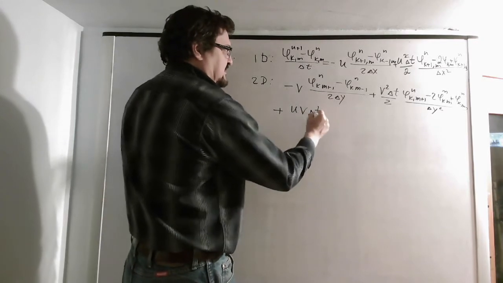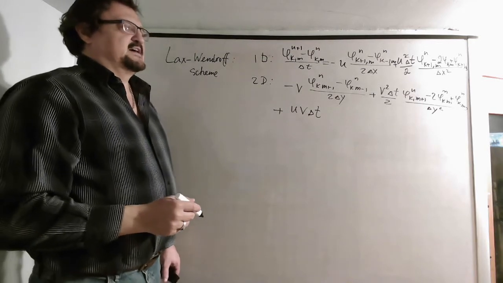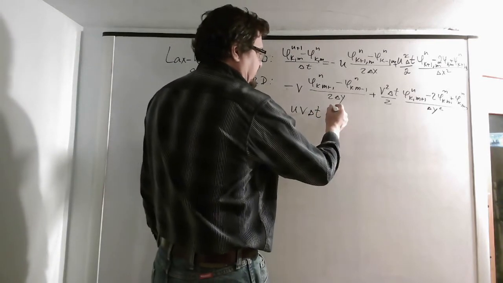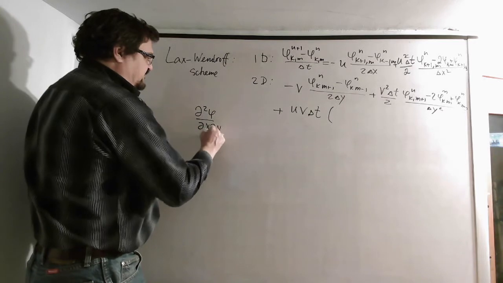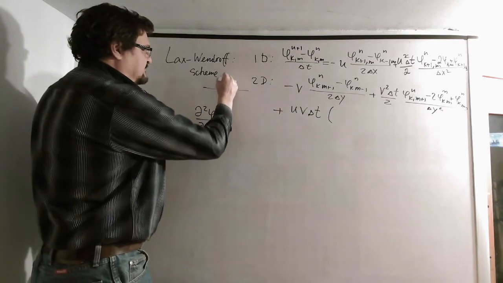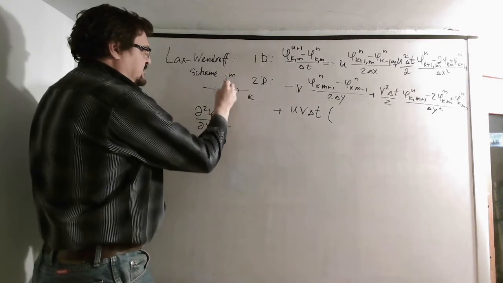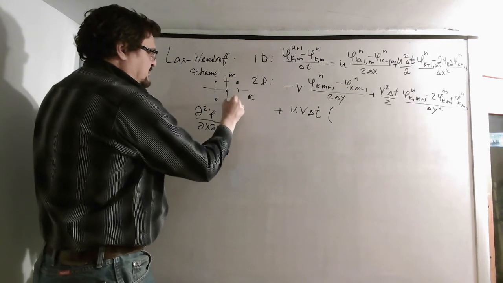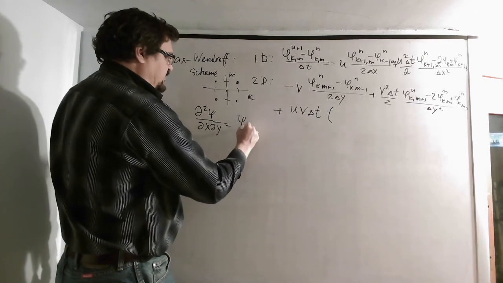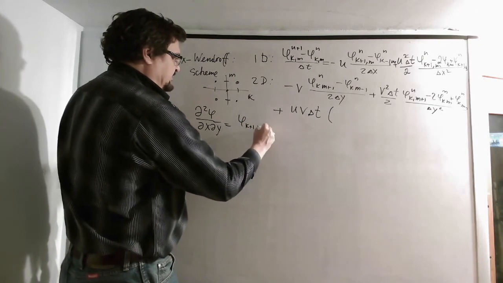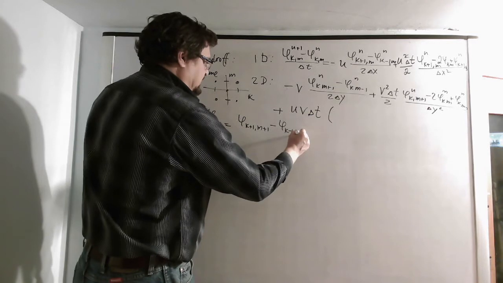u v delta t, and then here we need to make approximations for the cross derivatives, so how you approximate the mixed derivative. So you use this pattern. This is i, m, k, m. So you use now phi k plus 1 m plus 1 minus phi k minus 1 m plus 1.